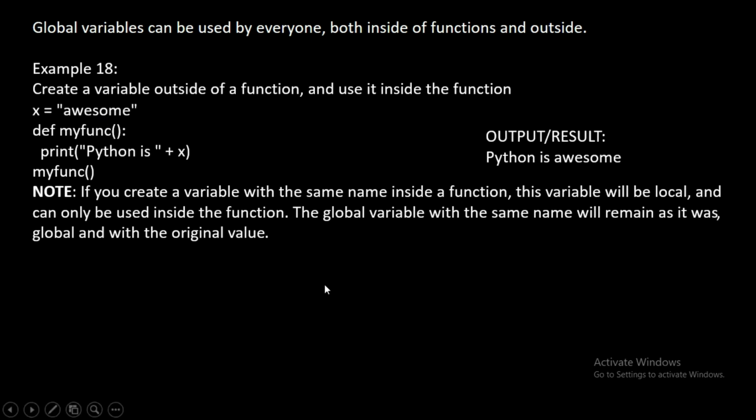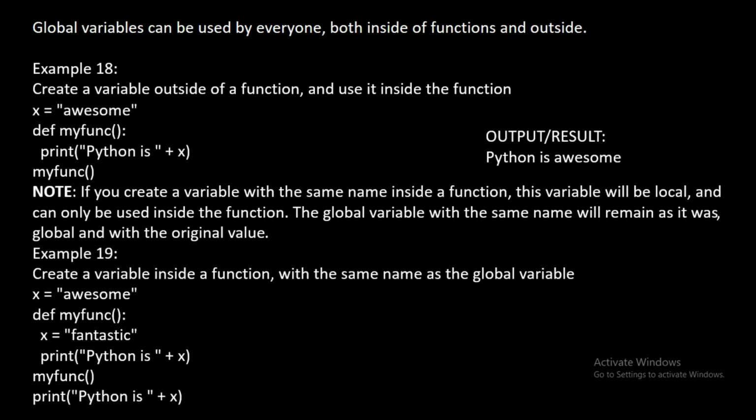In the upcoming example, we can see this also. Creating a variable inside a function, we declare x = fantastic, and we are also printing x from outside the function.